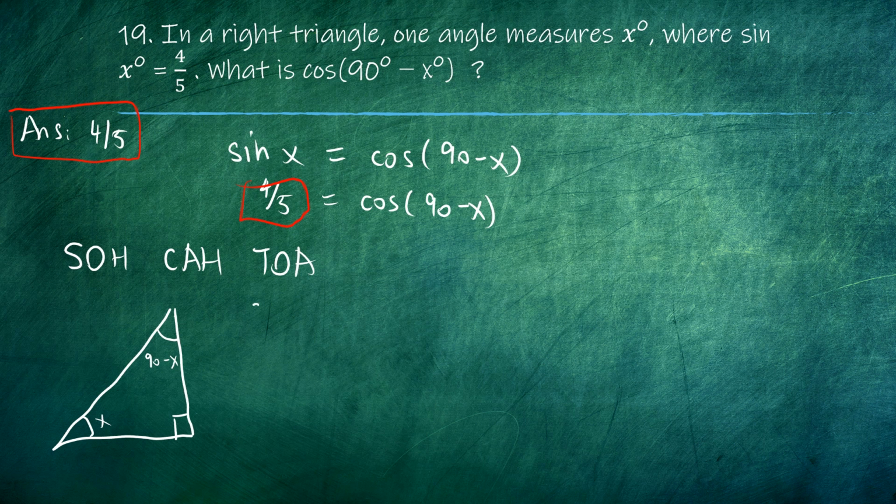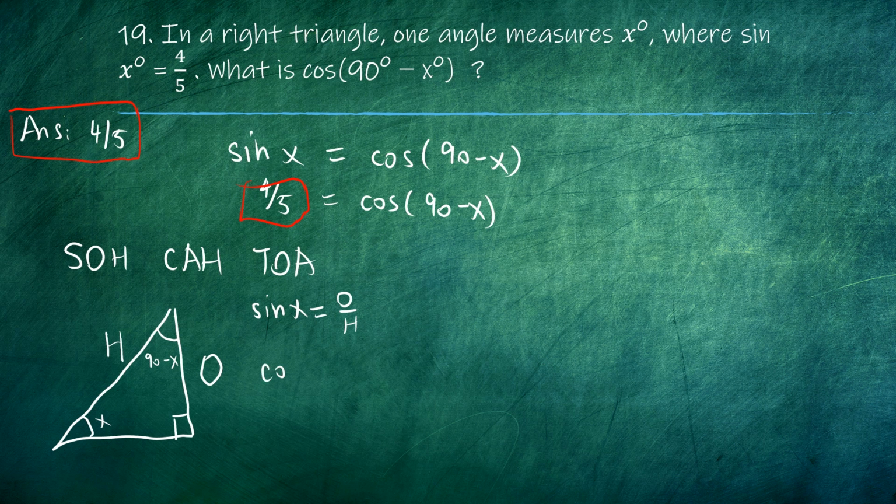SOHCAHTOA is telling us that sine of x is equal to opposite over hypotenuse. The opposite side to the x angle is this side here, so let's call it O. And the hypotenuse is the side that's across from the right angle. Let's call it H.